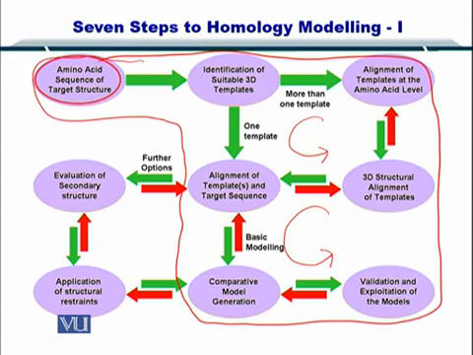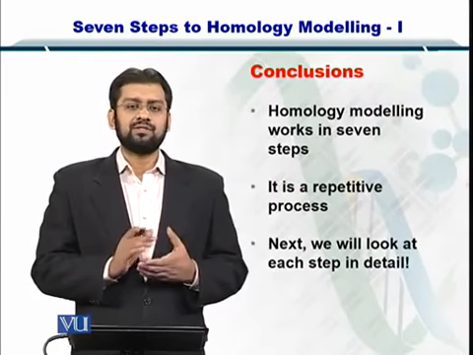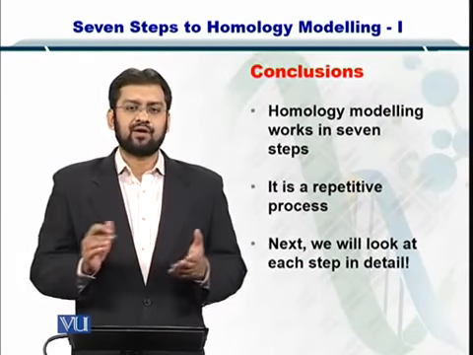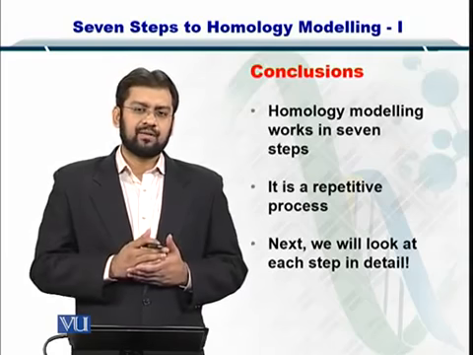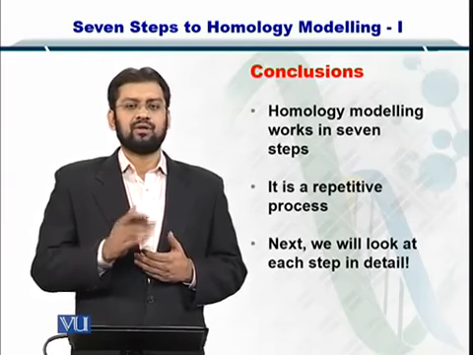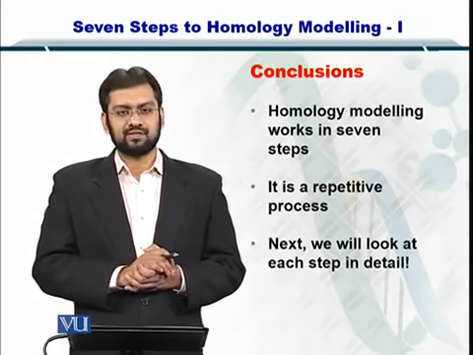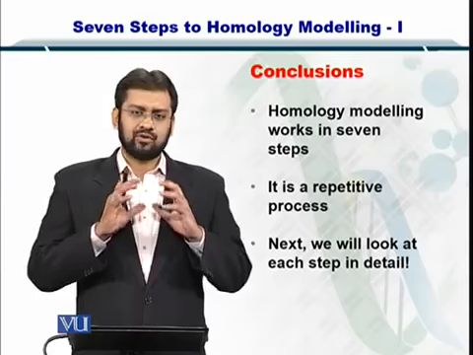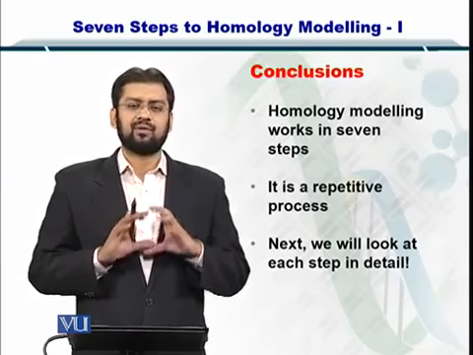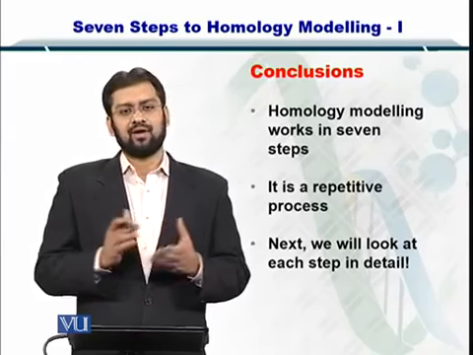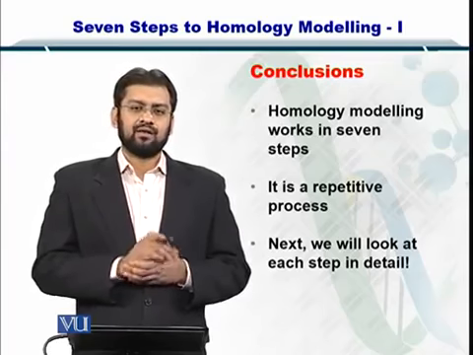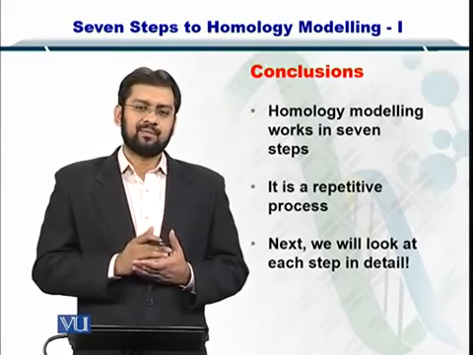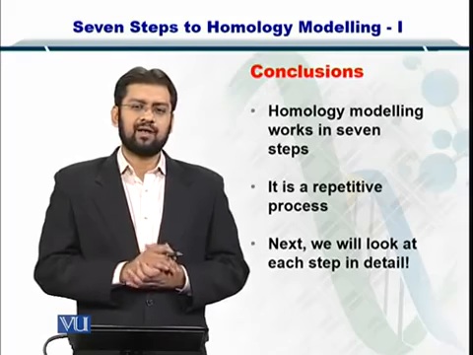Please remember this portion of the flowchart. To conclude, homology modeling is a 7-step process, and at each step you are trying to improve the quality of your prediction. More so, it is a repetitive process, that is, you have to repeat it for multiple templates multiple times and therefore arrive at the best match. Next, we will look at each step within the homology modeling pipeline in detail.